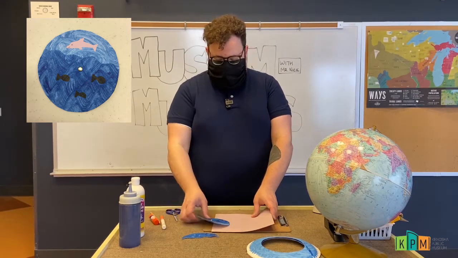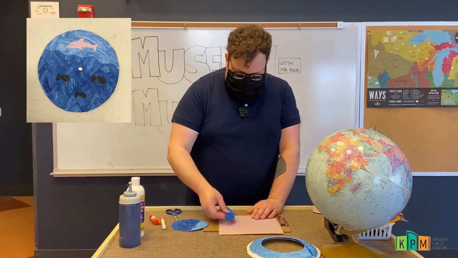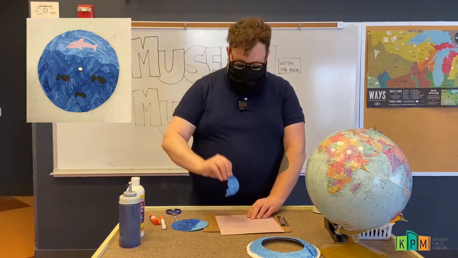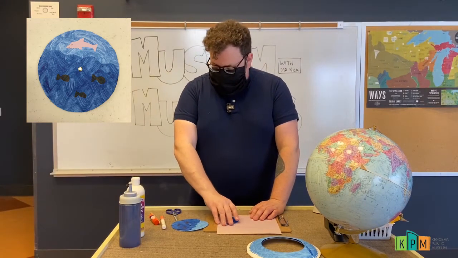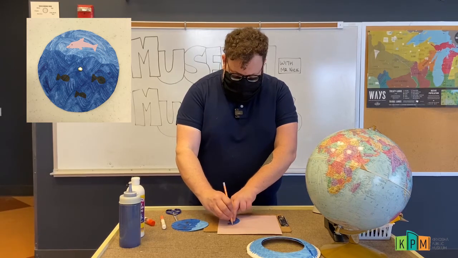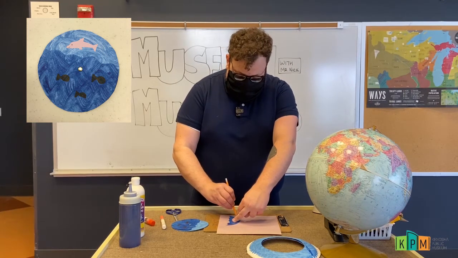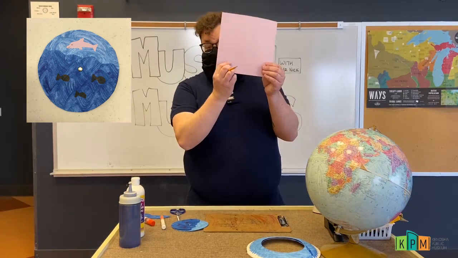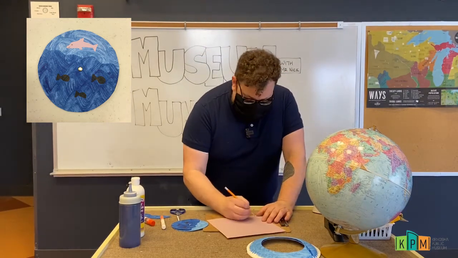Now I need to make my dolphin. So I don't want to make him too big. So I'm actually going to take that piece that I cut off my ocean before, and I'm going to sort of trace around it so I can see just about how big my dolphin needs to be. Not very big. So I've got a space there now where I can make my dolphin on my construction paper.